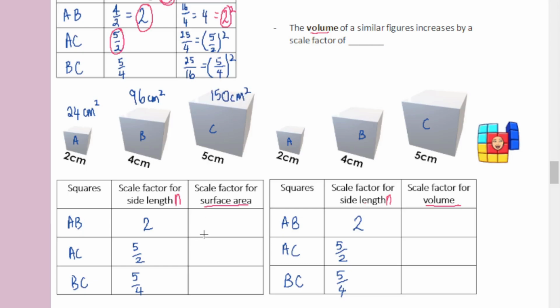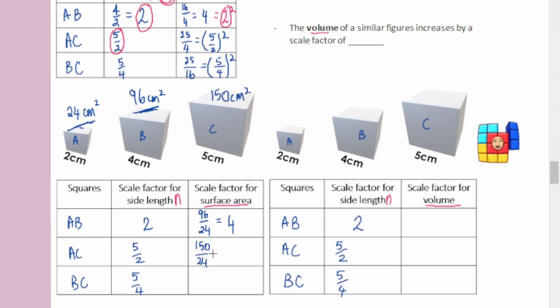So now let's look at the scale factor of the surface area. So AB is 96 and 24. So 96 over 24, and we can see that 96 over 24 simplifies to be 4. Now we look at AC, so that's 150 for C, and A is 24.